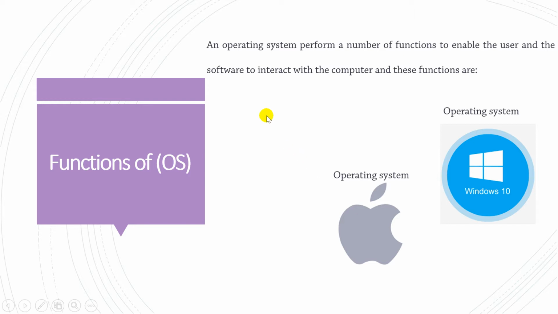An operating system performs a number of functions, I mean actions, to enable the user and the software to interact with the computer. If we want to use a computer, we need system software.